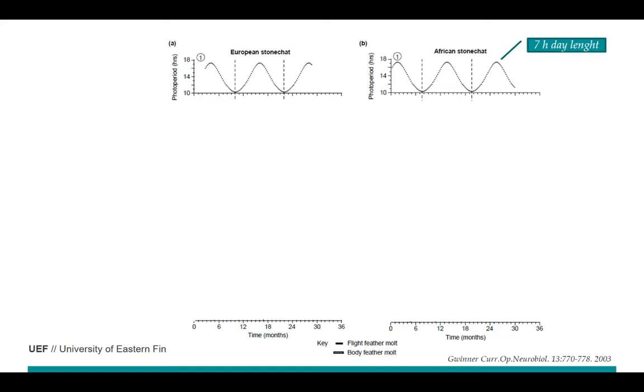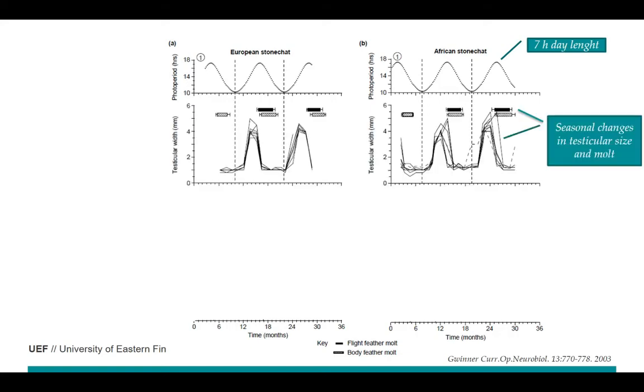But let's compare this African stonechat and the European stonechat. When they are kept in 7-hour day length, they have a similar cycle in the testicular size and the molting.